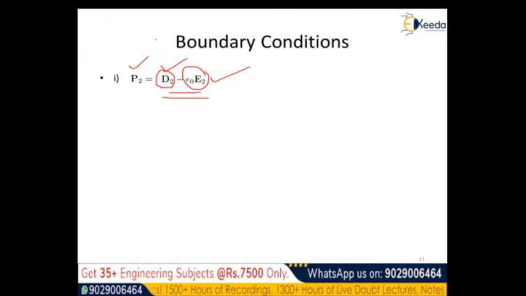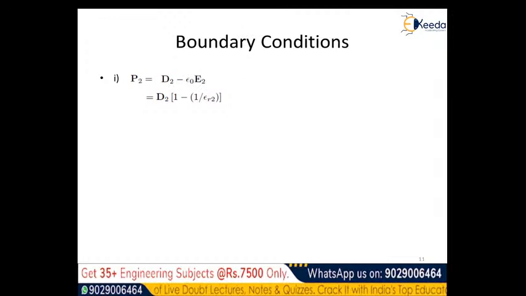So here we compute P2 is equal to, D2 we can take out as a constant, and we shall be left inside the parenthesis with 1 minus 1 upon epsilon R2.